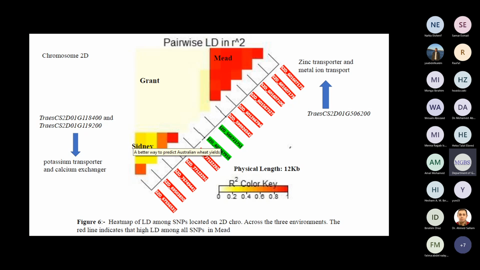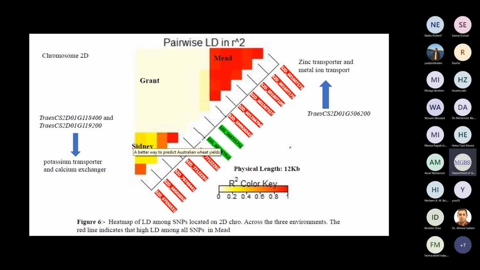We looked for where these significant markers were located, in which genes of the wheat genome. We found this group, which has high LD, located within this gene, which includes two proteins, a zinc transporter and a metal ion transporter, and this protein has high association with increasing grain yield. So this is one of the advantages of using genome-wide association mapping: you find genes associated with your target traits.